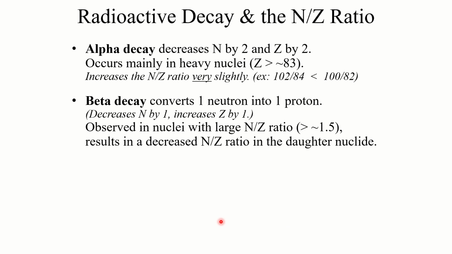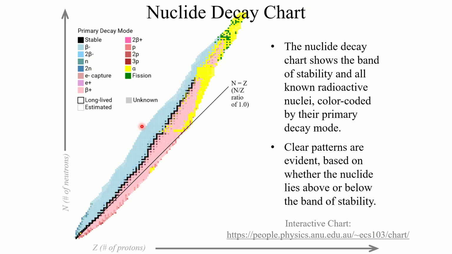Next is beta decay. Beta decay converts a neutron into a proton. So this decreases N by 1 and it increases Z by 1. This is observed in nuclei with a large N to Z ratio. This results in a decreased N to Z ratio in the daughter nuclide. So beta decay is what happens with these up here, these blue dots.